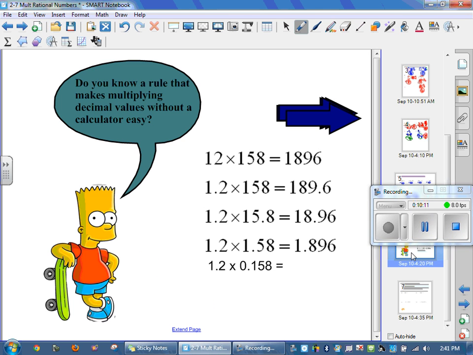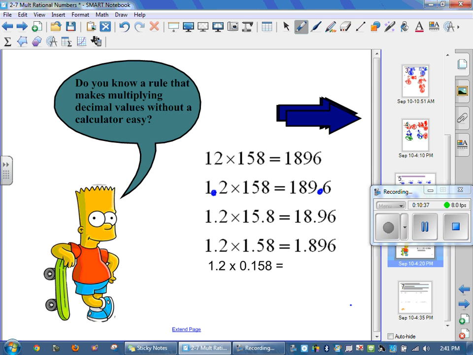This one's showing us a pattern. Here's a rule. We've got 12 times 158 gives us 1,896. Now I'm going to put a decimal in between the 1 and the 2. But where do you notice I get a decimal? In between the last two numbers. Now, what you're actually doing is counting how many digits are after the decimal.